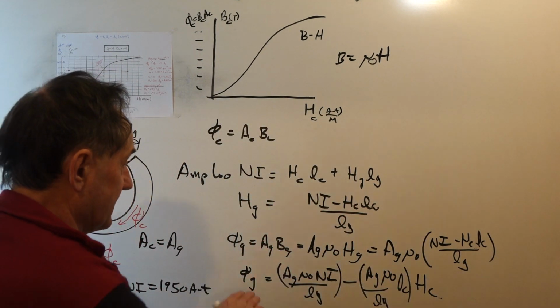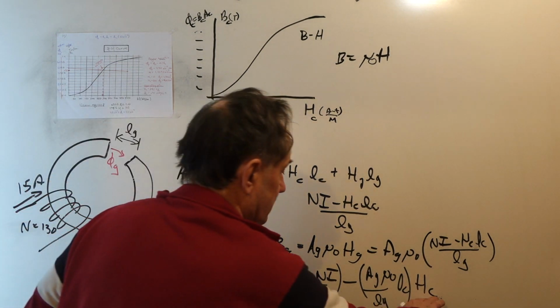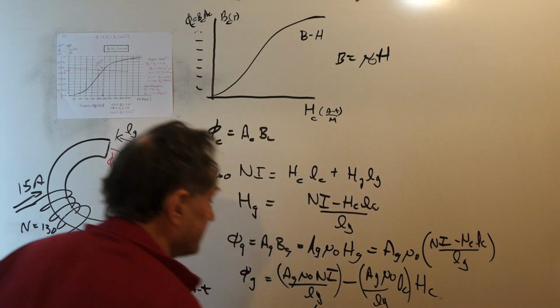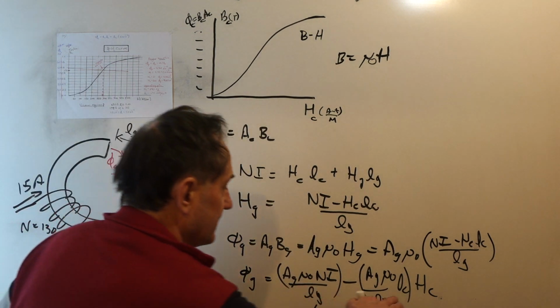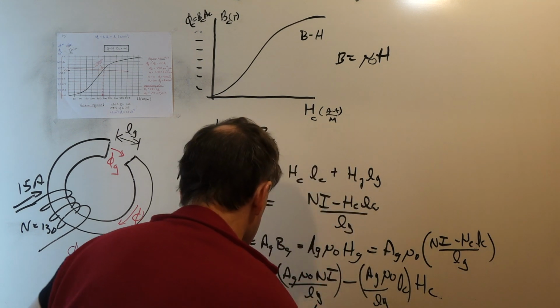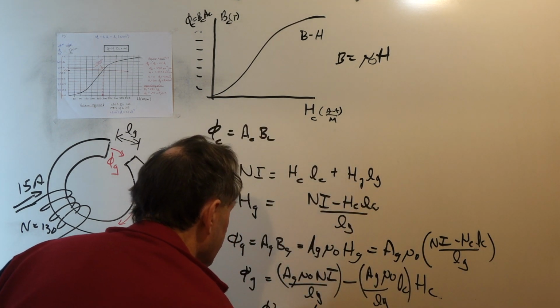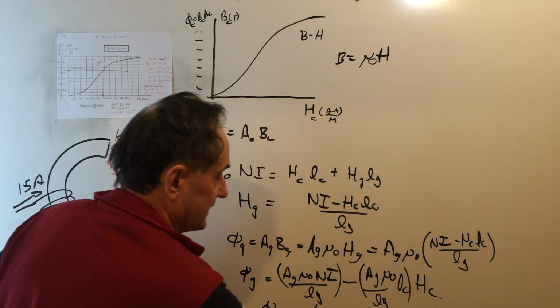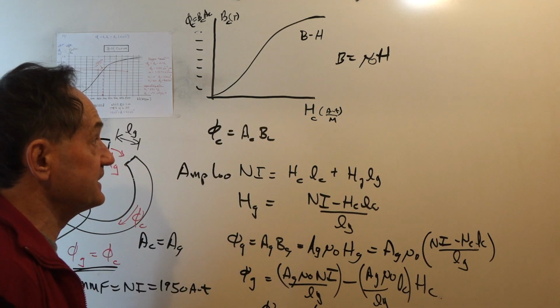Now, what is this? This is an equation for a straight line. This is an offset, phi zero. This is the slope, call it m, times HC. So we got the flux in the gap is equal to an offset, phi zero, minus m HC.